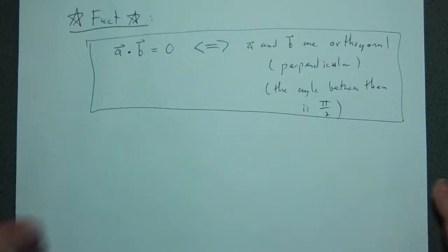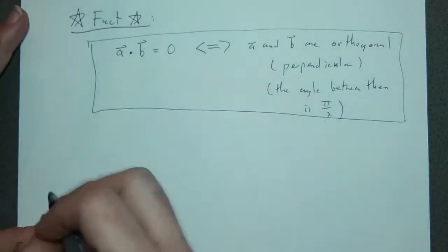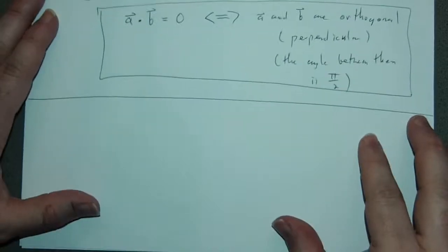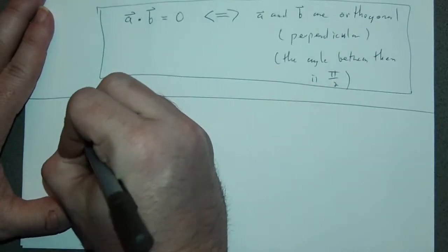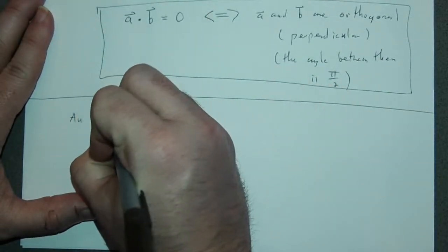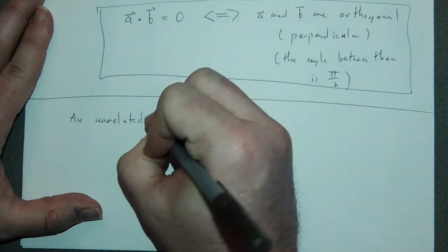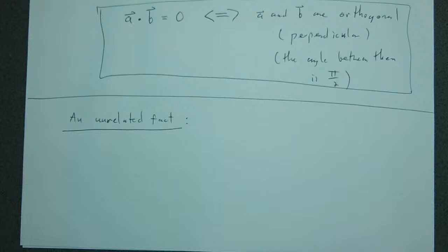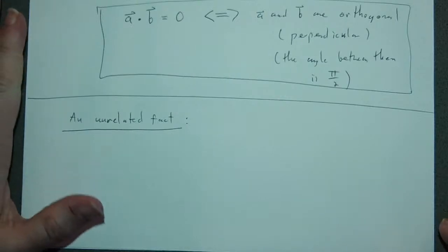One more thing before I end. I know I'm a little bit over, but one more thing that is not quite related to this, but it was related to what we did when we first wrote down or solved for cosine of theta. So an unrelated fact, well, it's not entirely unrelated, and I meant to mention this at the beginning of class.